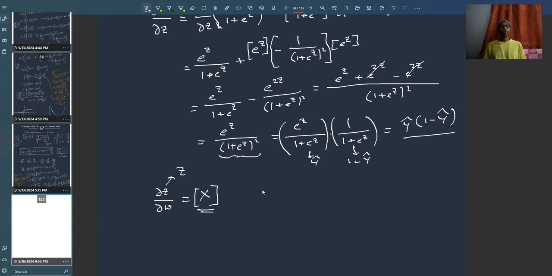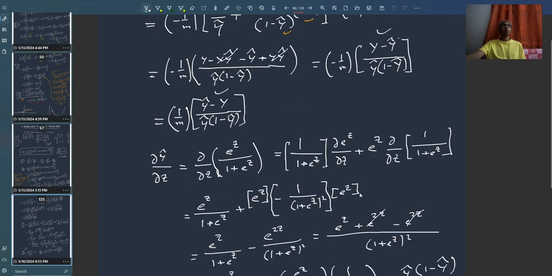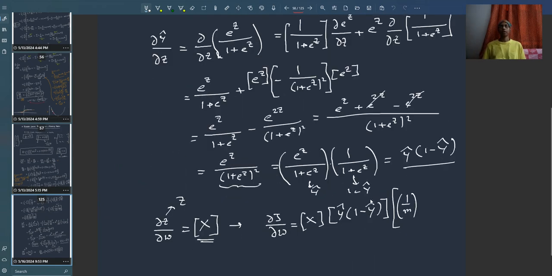So now we write del j del w is equal to x multiplied by y hat into 1 minus y hat multiplied by 1 by m y hat minus y divided by y hat into 1 minus y hat.